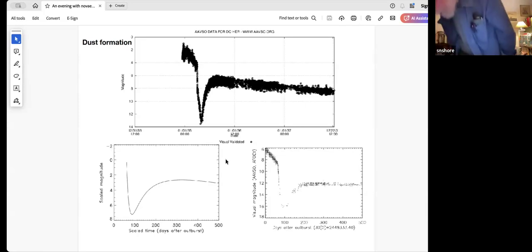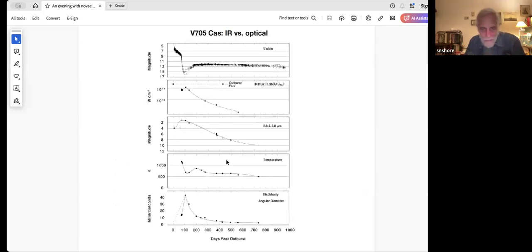So, what you were forming is dust. You still have the central source on, you still have the irradiation going on, but now throw some dust into it and it reprocesses into the infrared. And so you get this, that here the UV and optical drop because you're obscuring it. You're blowing smoke in front of it, and the infrared goes up.